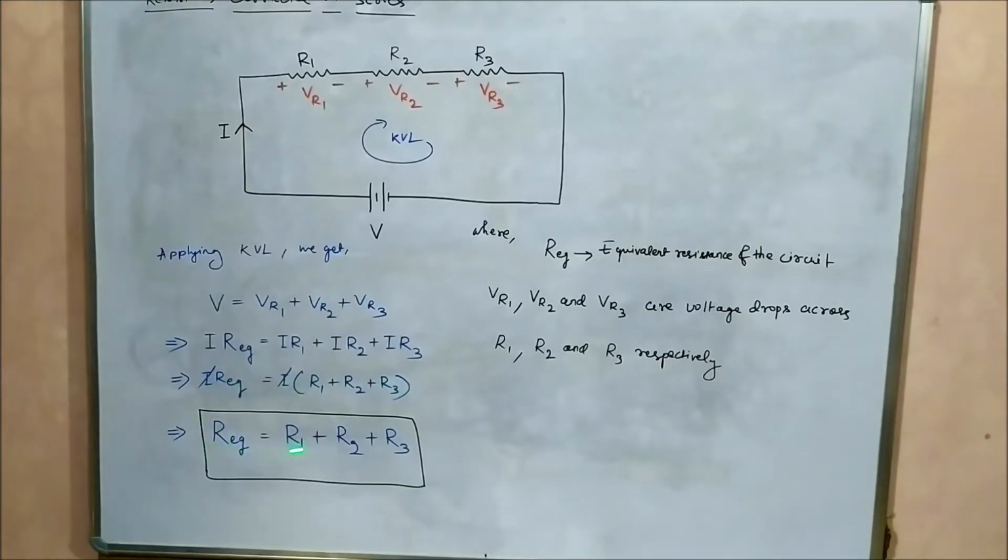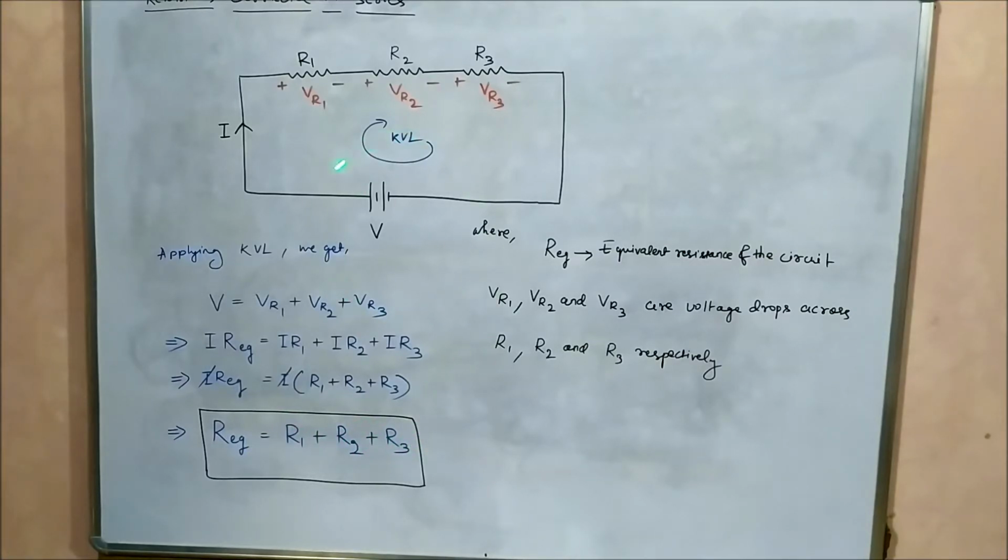So this is the conclusion: the equivalent resistance of a series resistor circuit is equal to the sum of the individual resistors involved in it. Here there are three resistors R1, R2, R3 connected in series, so the equivalent resistance is R1 plus R2 plus R3.